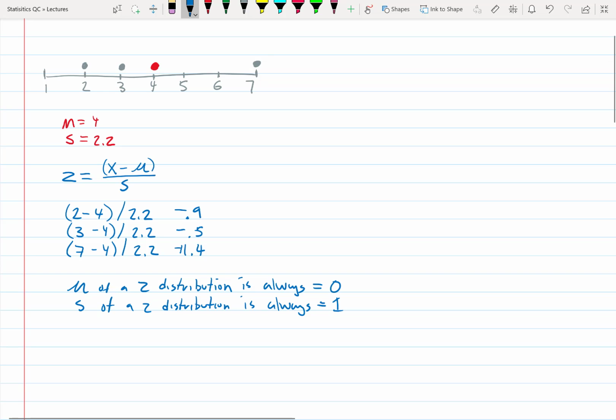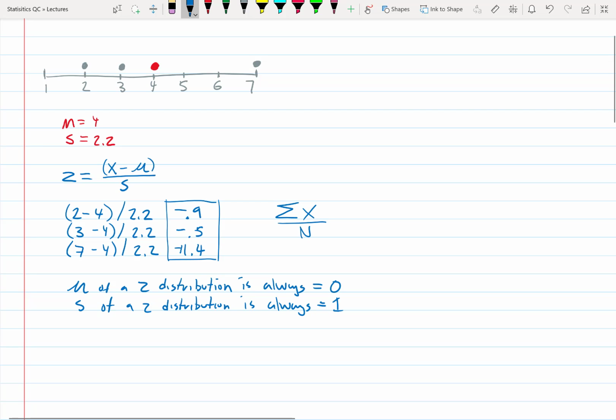I can show you here. It's very obvious that the mean of the z distribution has to be equal to 0. These are my z-scores that I've just computed right over here. And remember the formula for a mean, not that you really need a formula, the sum of the x's divided by n.